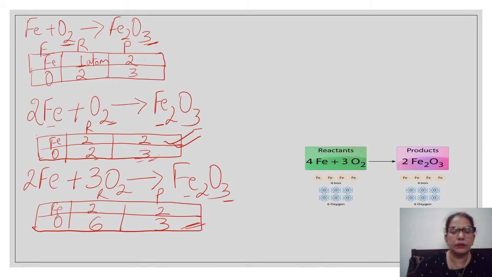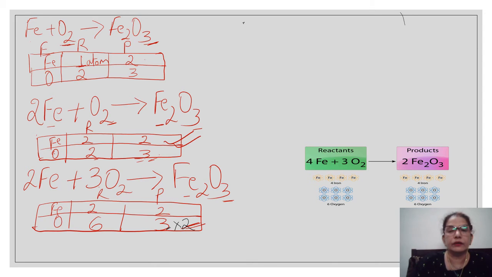So now let me again make another box and check. So our equation here is, we can make this 3 into 6 by multiplying with a 2. Yes, so the coefficient we need to add is 2.